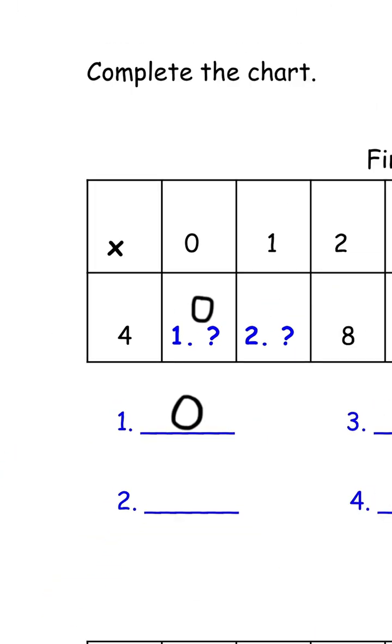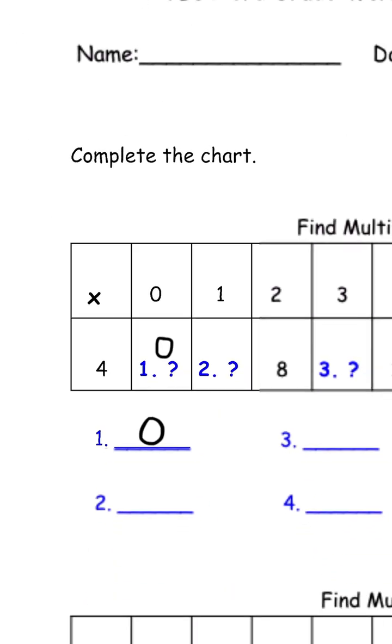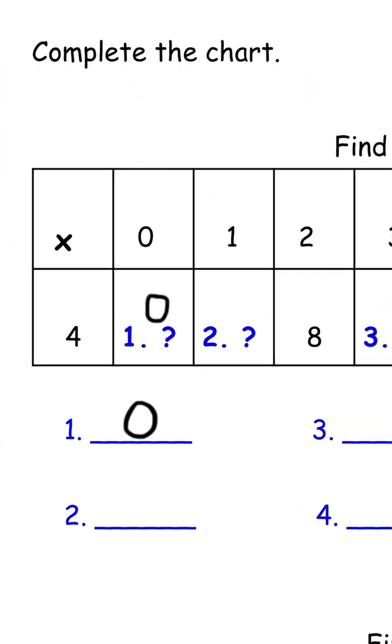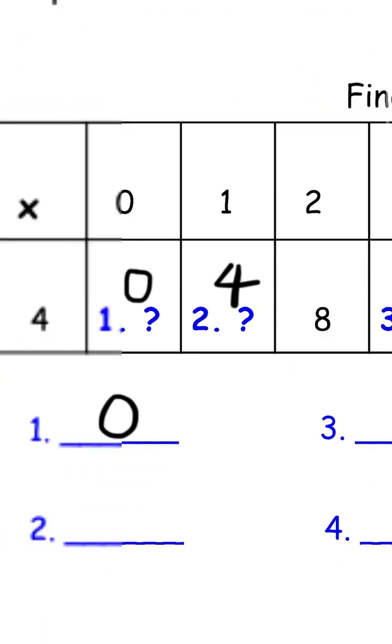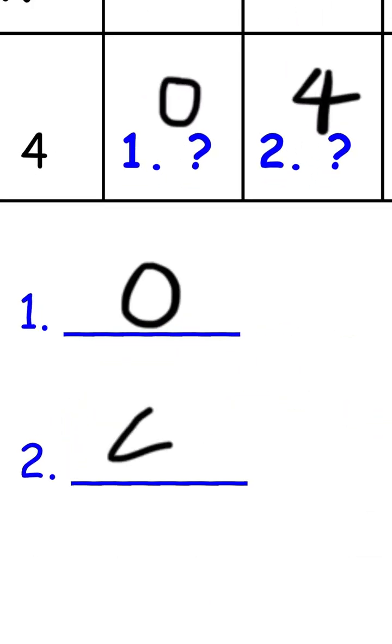If there is 0 of them, then it's going to be 0. So anything times by 0 is going to be 0. And then it's going to be 4 times 1. So it means that there is only one group of 4. So 4 times 1 is going to be 4 because there is only one group of 4.